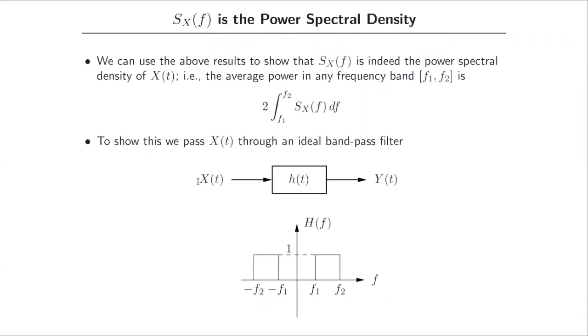To show that, what we do is we pass X(t) through an ideal band pass filter. This band pass filter allows signals between f1 and f2 and cancels all other signals, so its output is 1 in this band and the rest is 0. If you pass X(t) through this LTI system and get an output Y(t), then the spectral density of Y is given as the spectral density of X into |H(f)| absolute value squared.